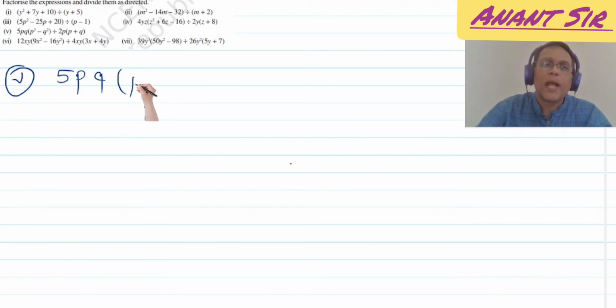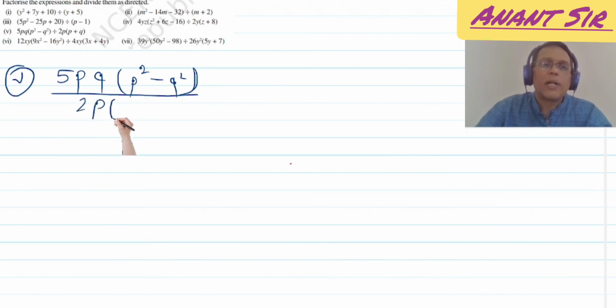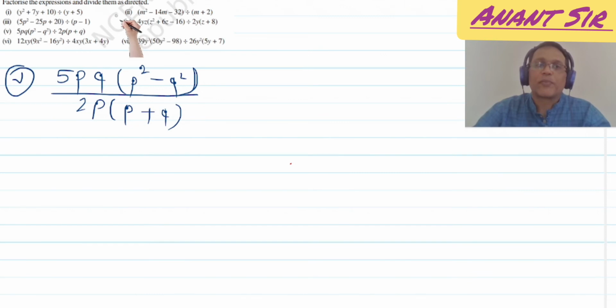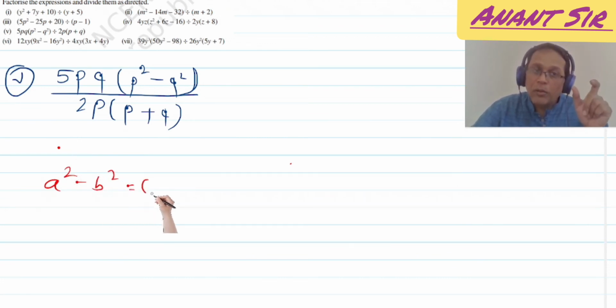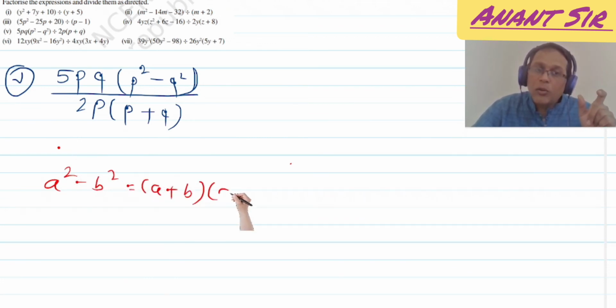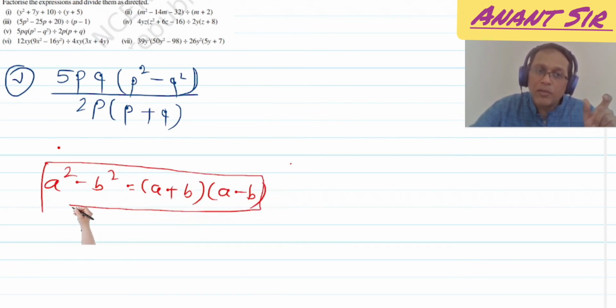5pq multiplied by p square minus q square divided by 2p multiplied by bracket p plus q. So now, do you remember the formula? If there are two terms, both squares and negative in between them, then you can use this formula: a square minus b square is (a plus b)(a minus b).